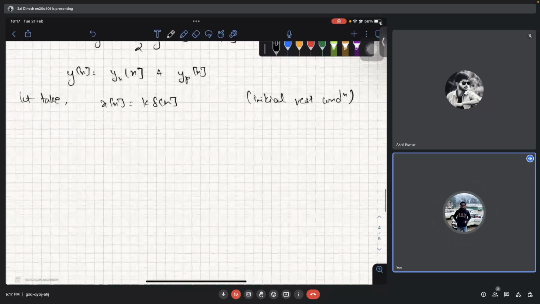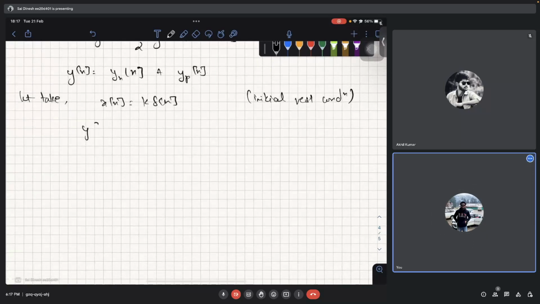Right? So in this case, y of 0 is equal to x of 0 plus half y of minus 1, which is equal to k.